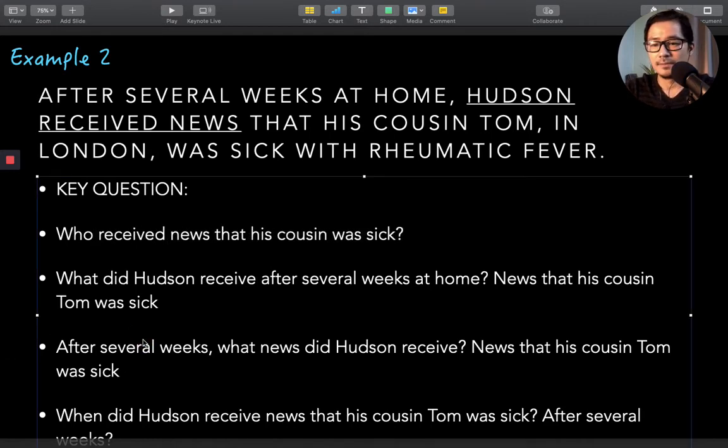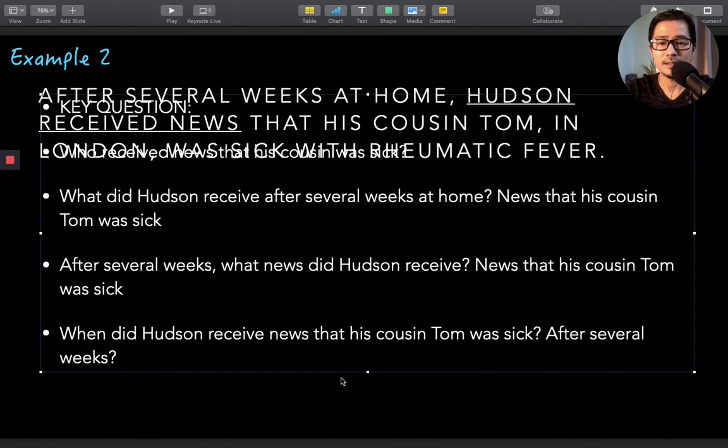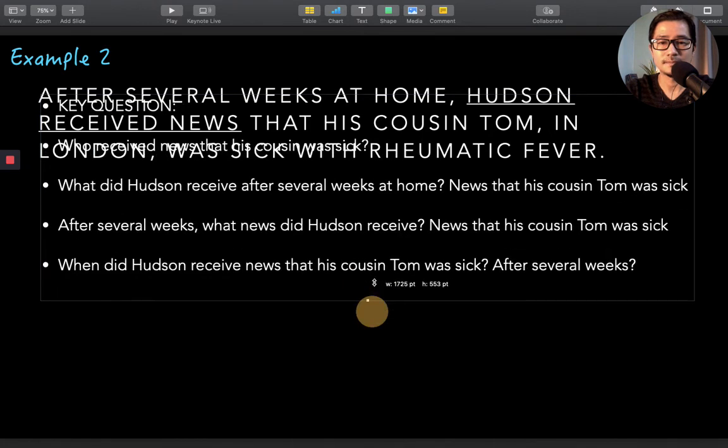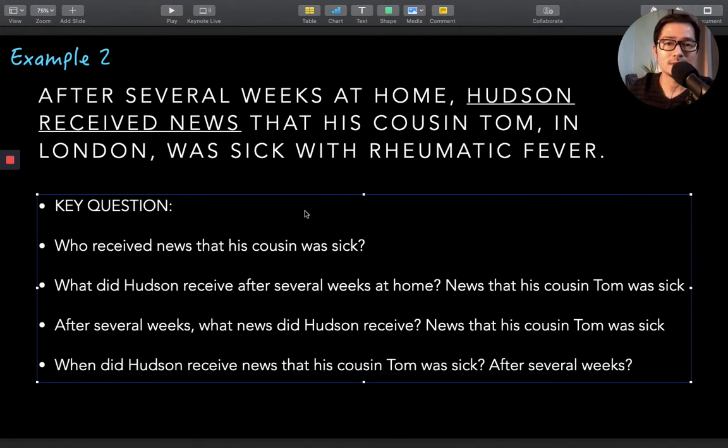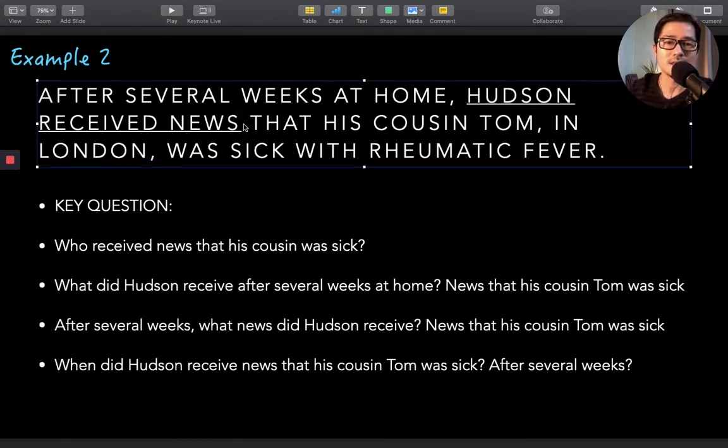Okay. I think we're done. Yeah, in this exercise, I want you to focus on, like, I could ask about Tom, who was sick with rheumatic fever. That's also okay.